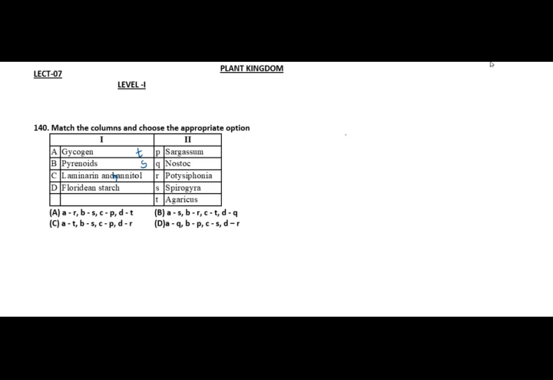So laminarin and mannitol are reserve foods in the Phaeophyceae group. One example of Phaeophyceae is Sargassum. So here it's P.